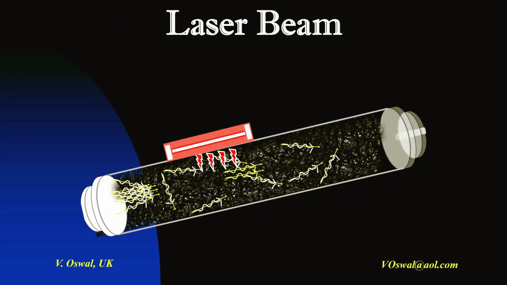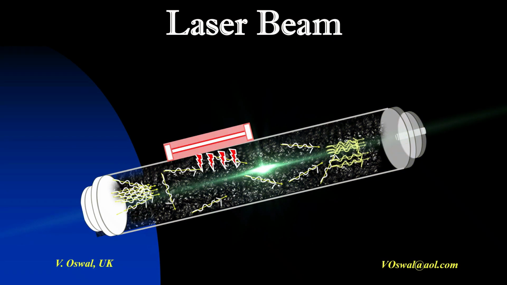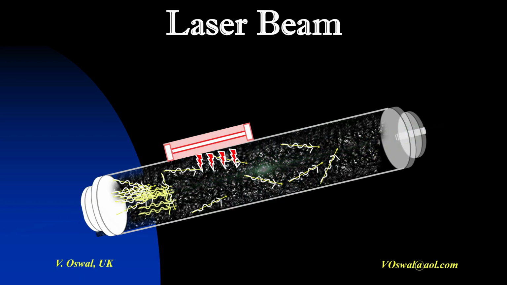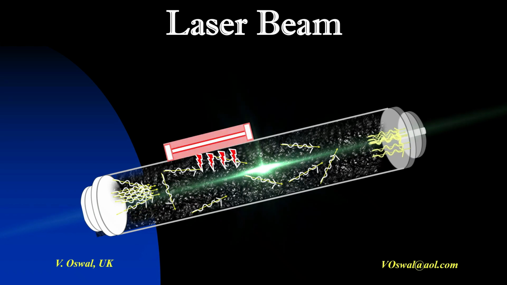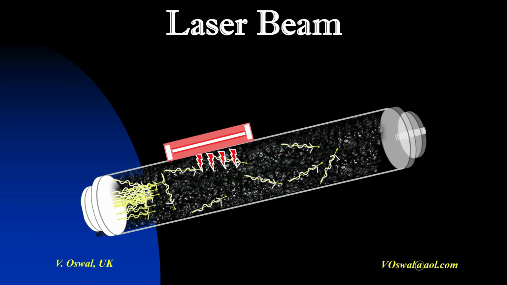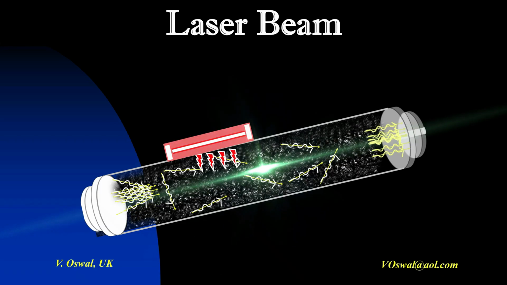The light bounces back and forth between those two mirrors, gaining intensity with each pass through the gain medium. When a certain threshold is reached, where the number of electrons and atoms in the upper energy level exceed those in the lower energy level, a state of population inversion is achieved. Population inversion is a prerequisite for the generation of a laser beam.